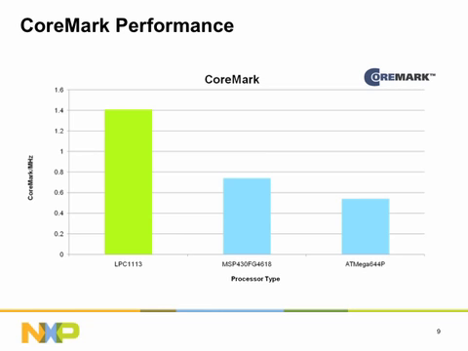Comparing the CoreMark per megahertz results of the LPC1113 with the 16-bit MSP430 and the 8-bit Atmel ATmega644. These CoreMark results also show that the LPC1100 outperforms the competition at the same frequency at a rate of 2 to 1. These results are plotted using the fastest compiler settings available for each compiler.